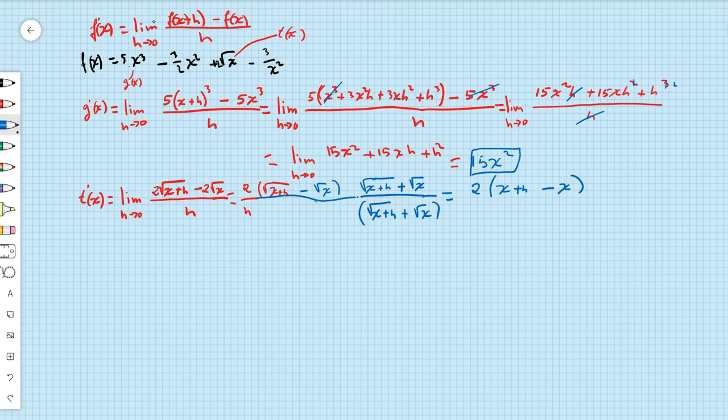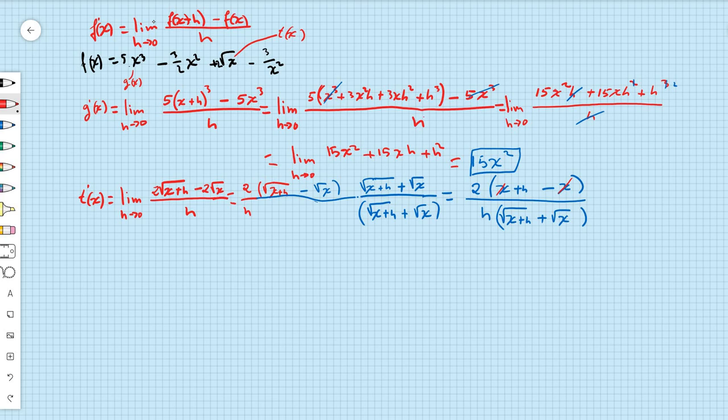So now that we have this, we can do that over h times the square root of x plus h plus square root of x, right? So now we know the x's are going to cancel out.